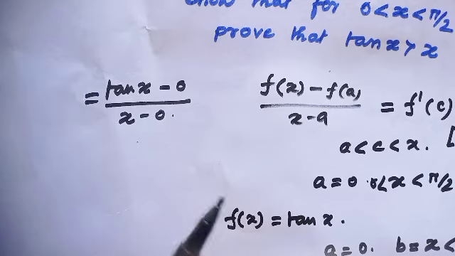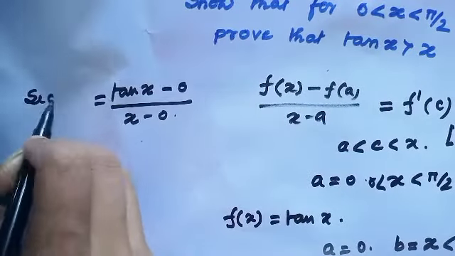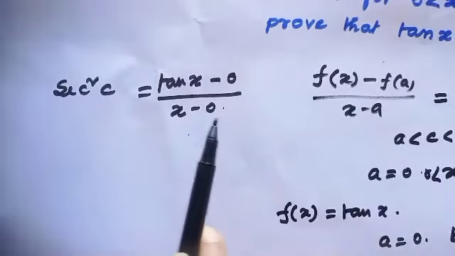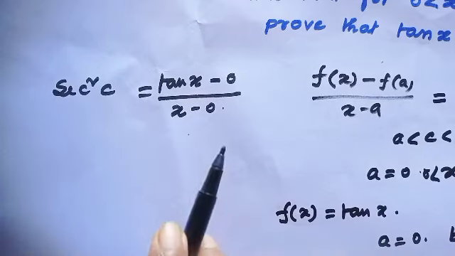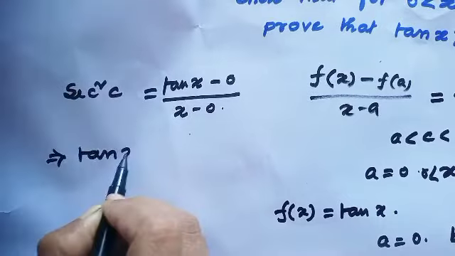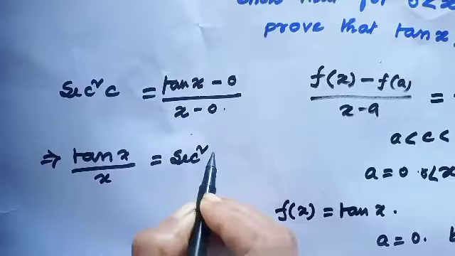That means derivative of the function tan x at the point c, and this is equal to sec square c. That means sec square c equal to tan x minus 0 over x minus 0. That implies tan x over x equal to sec square c.